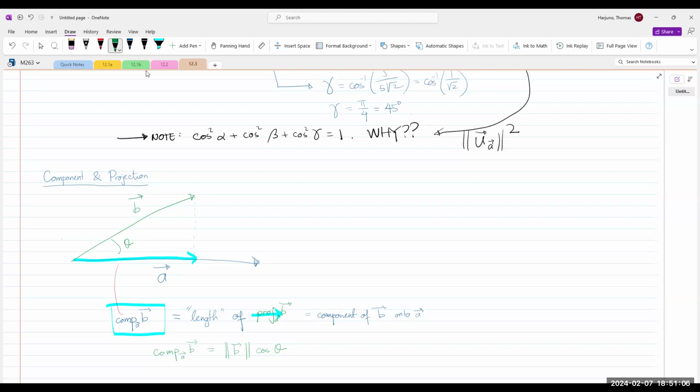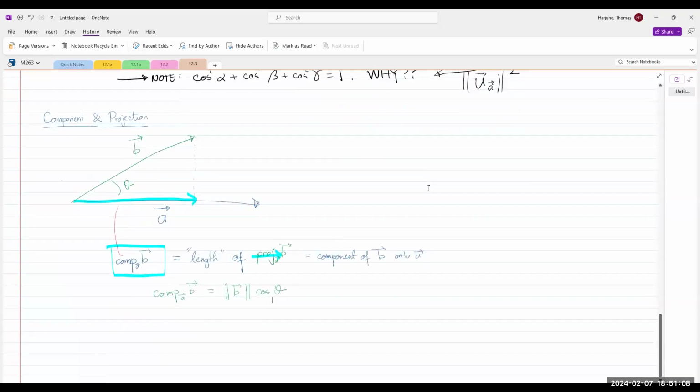If we derive a bit further, we know that cosine theta is equal to A dot B divided by magnitude of A times magnitude of B, and you will see that the magnitude of B cancels.